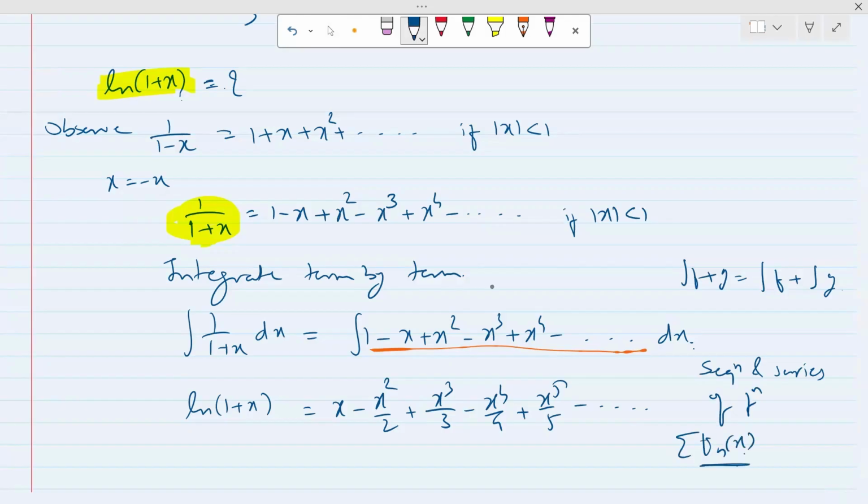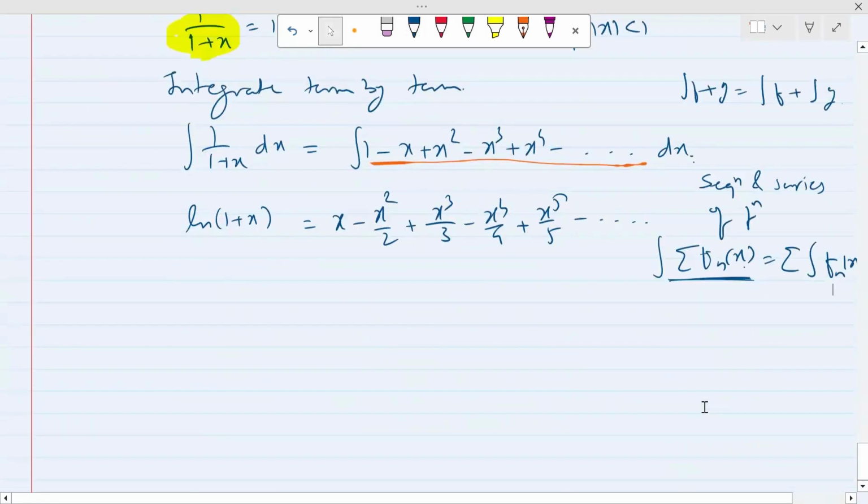Have you ever come across series of functions or sequence of functions? Yes, sir. Good. There we study all three standard theorems. You can refer to that topic. All fn's need to be Riemann integrable on the given domain, and fn should converge uniformly on the given domain. These are the two hypotheses required to conclude that the sum also converges, remains integrable, and its integral equals the sum of the integrals of the fn.